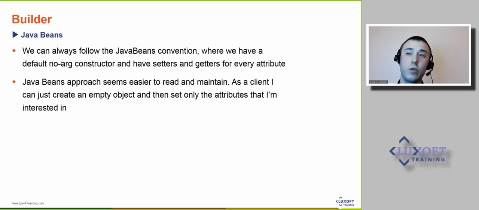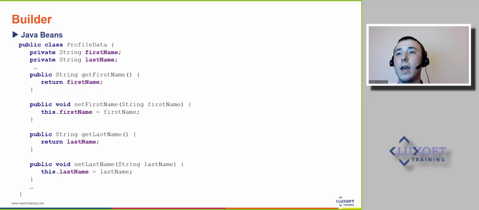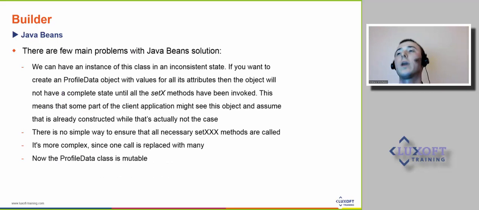As a client, you can create an empty object and then set only the attributes that you are interested in. In our case, for example, we have first name, last name fields, and other fields. Then we can create just getters and setters for all our fields in our class, and the no-arguments constructor is hidden here. So this approach is quite good, but it also has some disadvantages.